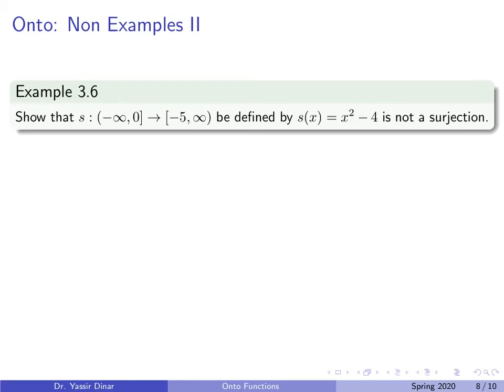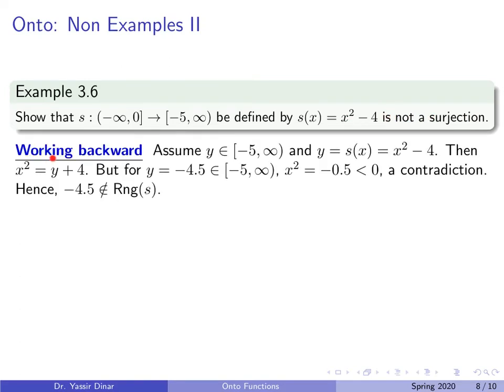We take another example. We want to show that the function s defined from the interval from minus infinity to 0 to the interval from minus 5 to infinity, defined by the image of any x in this interval being equal to x squared minus 4, is not a surjection. So I do working backwards. I assume y in the codomain, so y in the interval from minus 5 to infinity.